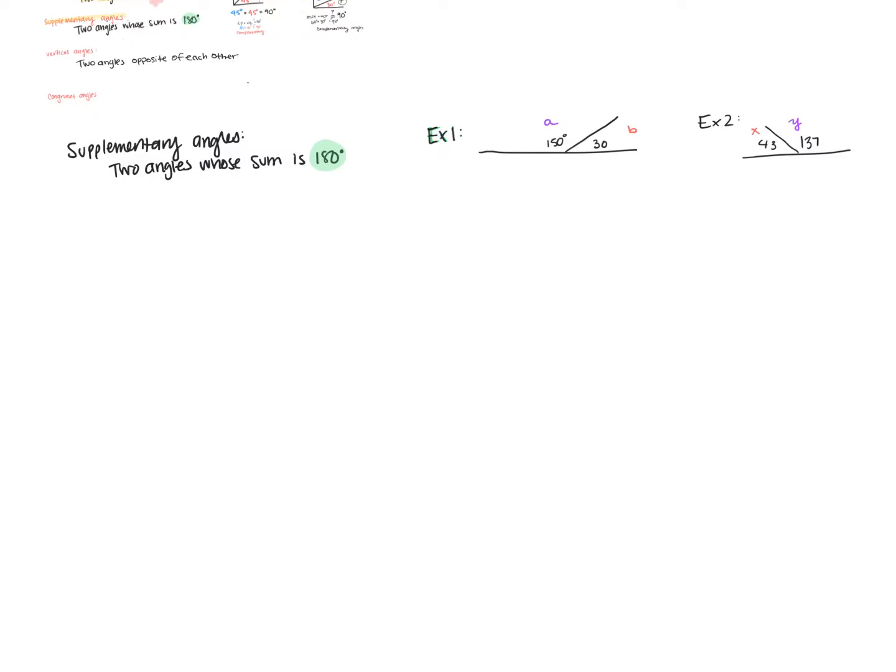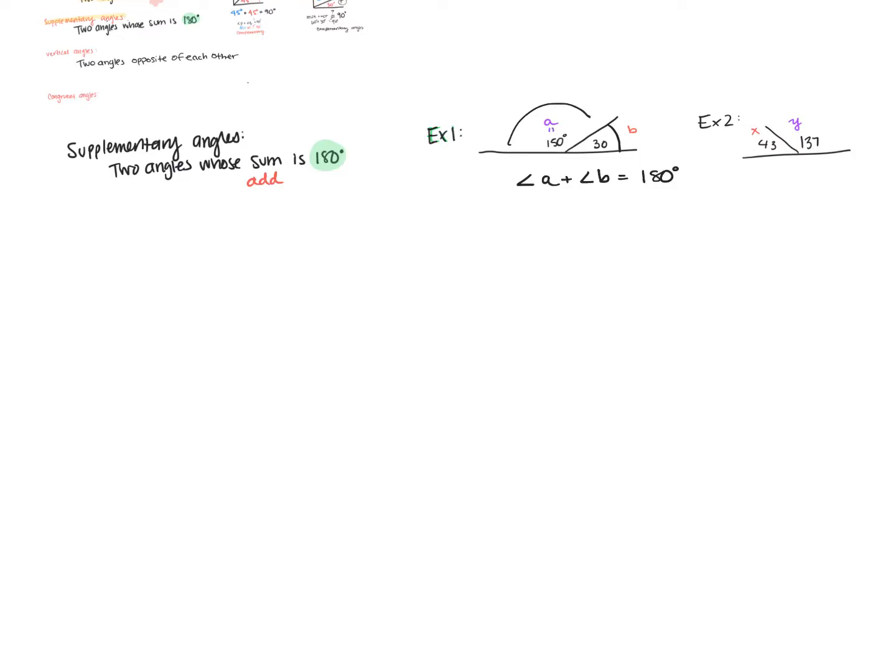Okay, so supplementary angles are two angles who add up, right? So sum means to add, right? So if I take angle A plus angle B, they should add up to equal 180 degrees. That's what it should equal to be supplementary. So measure angle A plus B should make a flat line, a straight angle. So let's see if that's true.